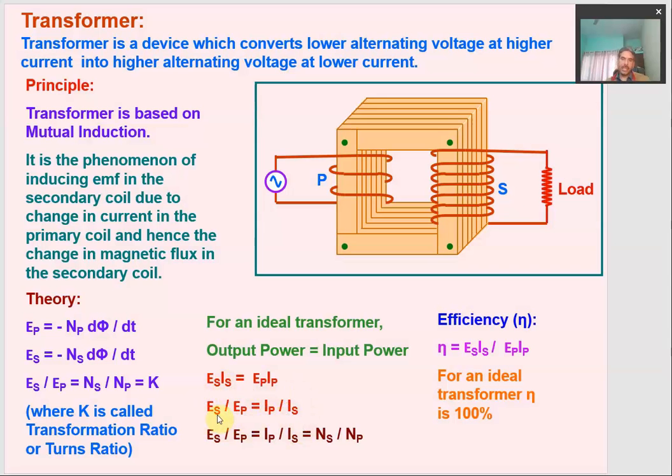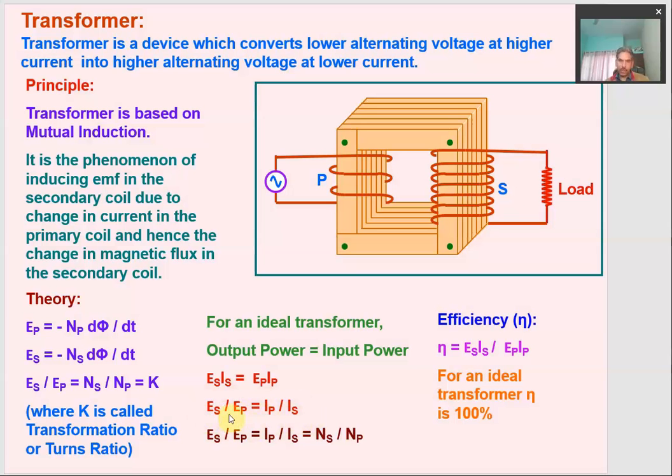It says that the ratio of EMF in the secondary coil to the EMF in the primary coil is equal to the ratio of current in the primary coil to the current in the secondary coil. So from here we understand that the EMF induced in the secondary coil is inversely proportional to the current in the secondary coil. So this equation is telling about how the transformer changes the voltage from low to high or high to low by changing the current.